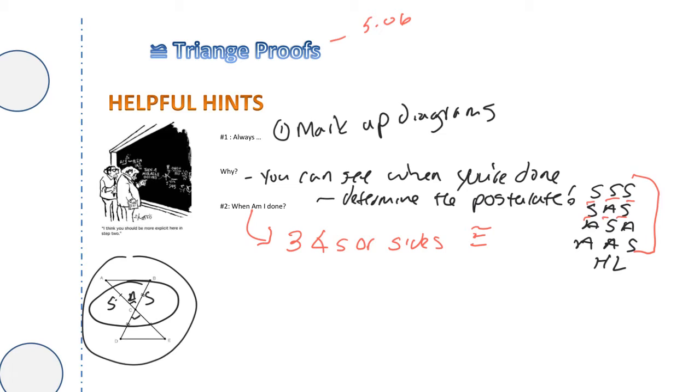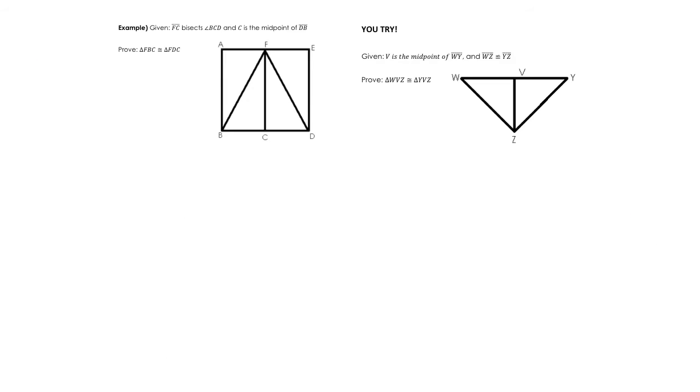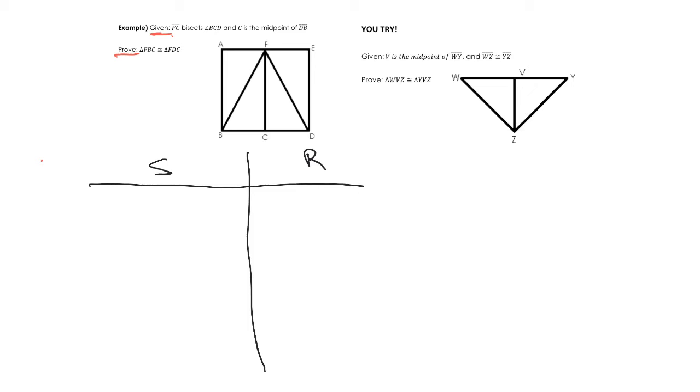So let's go look at a proof on the inside. Again, I see my given and prove, so that means I have to make a statement and reason chart. Now this one's a little more complicated. This diagram looks kind of confusing. There's a lot going on here.